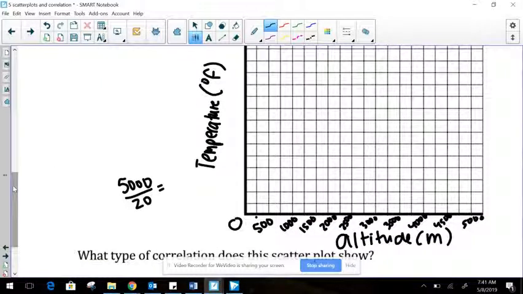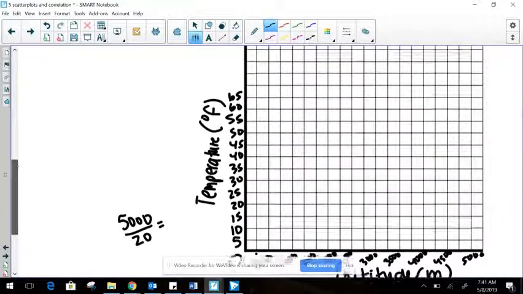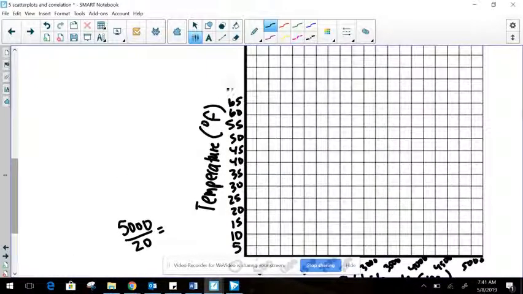If I go by 2s, that's kind of awkward. So we'll go by 5. So 5, 10. Okay. And you could keep labeling it. I know I'm not going to go much higher. I'll just stop there for now.